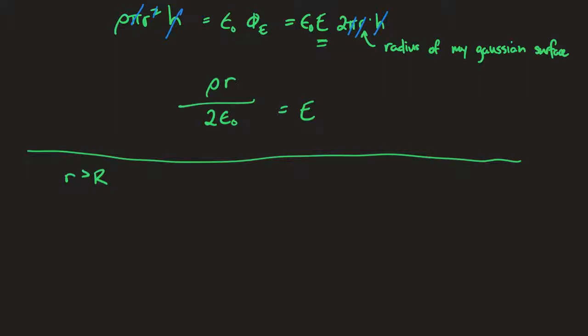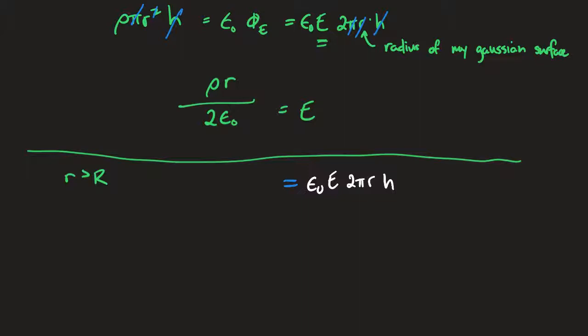First, back over here, the flux side is still going to be epsilon naught E 2 pi R H, because none of those things are different. R is bigger than the radius of the material, but that never mattered. Whether I was inside or outside, the shape is all that mattered.